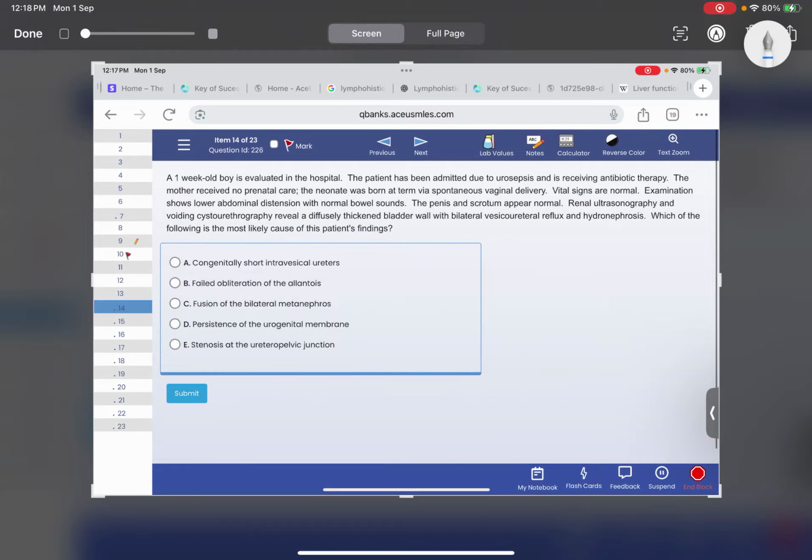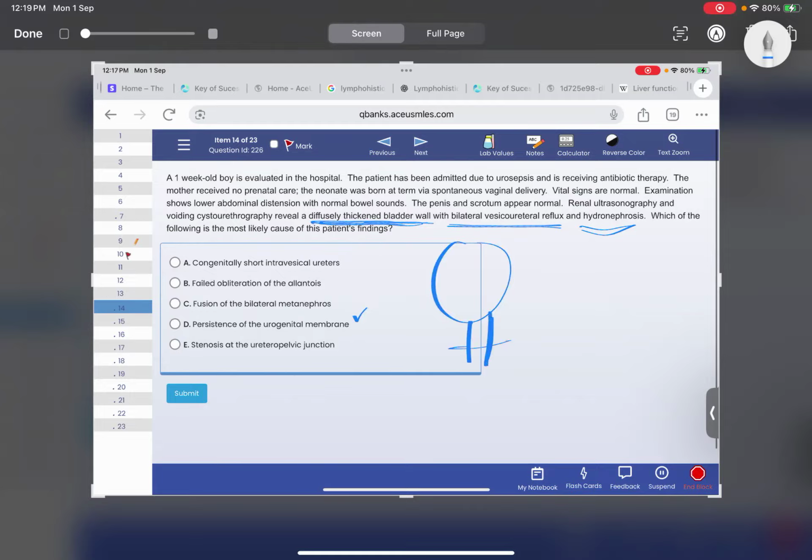So we have a diffuse thick bladder wall due to posterior urethral valves, right? So we have diffuse thickened bladder wall, bilateral vesicoureteral reflux, and hydronephrosis. So it is persistence of the urogenital membrane, the posterior urethral valve. We have explained this, right?